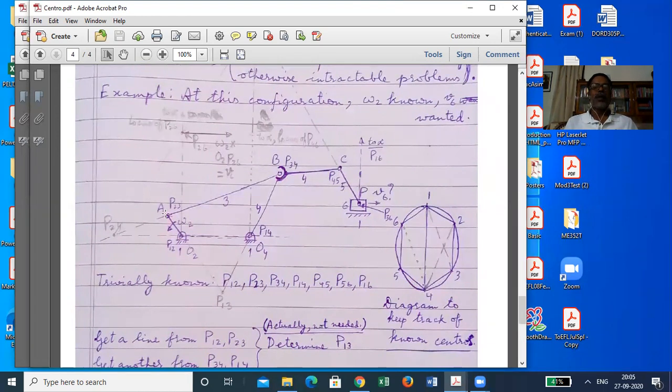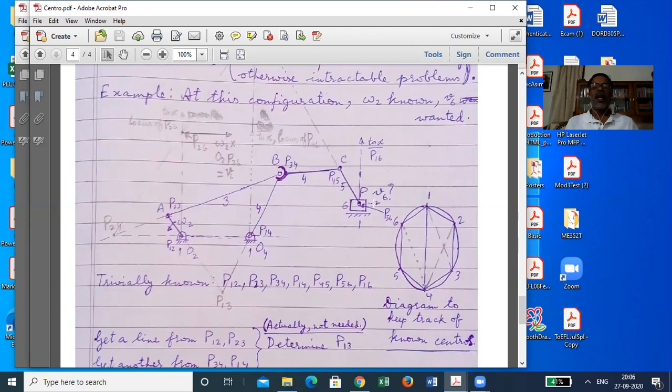Similarly, P23, P34, P14, P45, P56, and also P16, because between links 1 and 6 there is a prismatic pair, relative sliding. So for that, the centro P16 is at infinity in this direction, perpendicular to the direction of relative sliding.